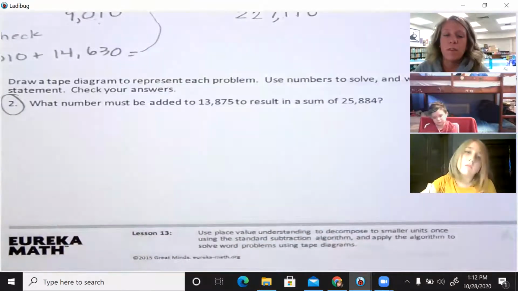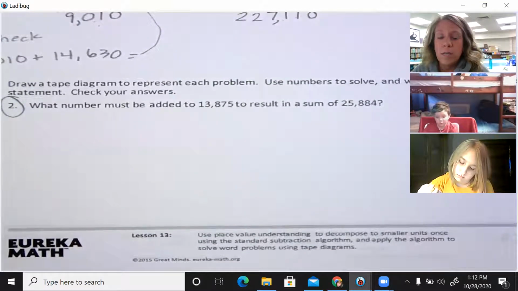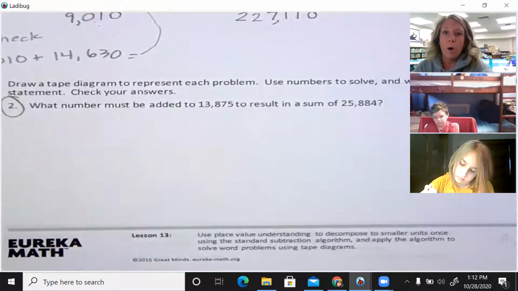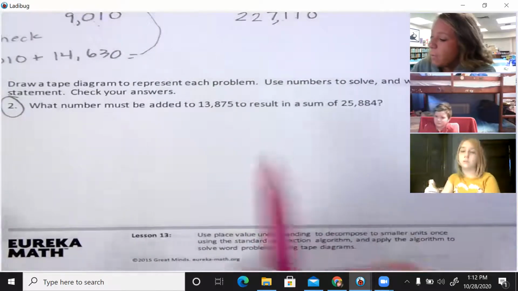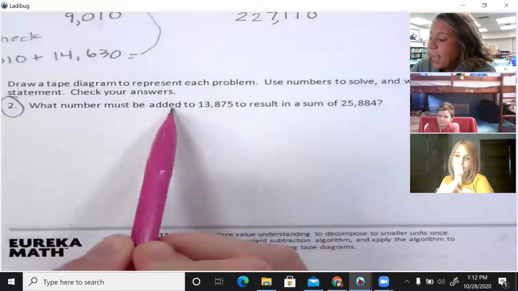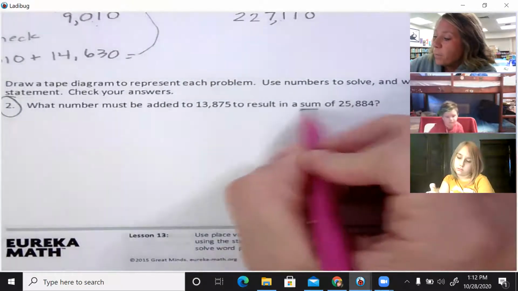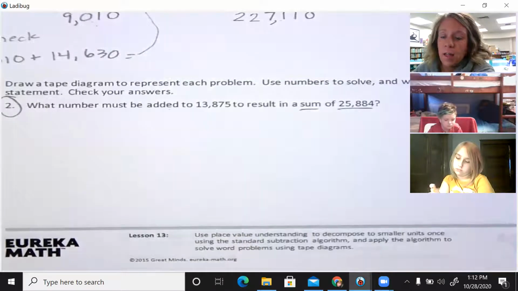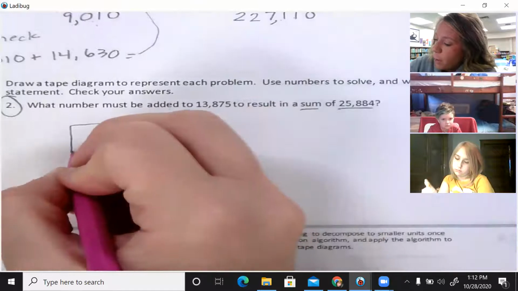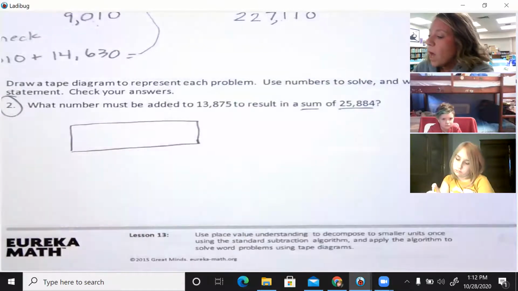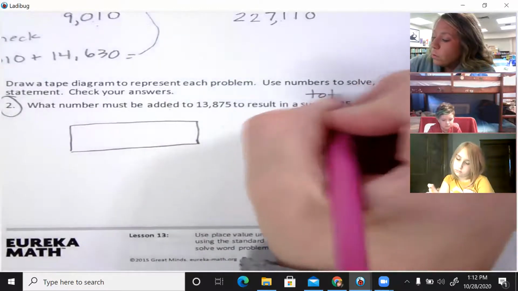A tape diagram is another name for a part whole diagram that you probably used in second grade, where you are adding a part to get your whole. This is just doing the opposite. What number must be added to 18,875 to result in a sum of 25,884? So if I go ahead and draw my empty domino, I know that my sum means my total.